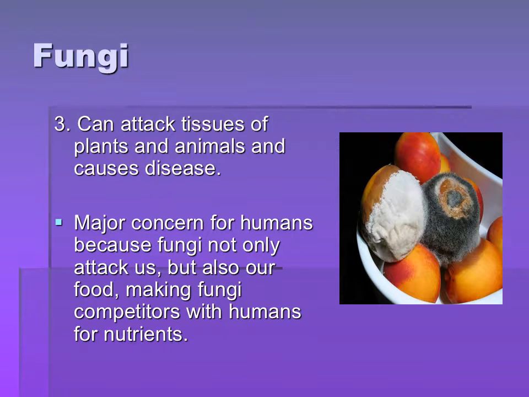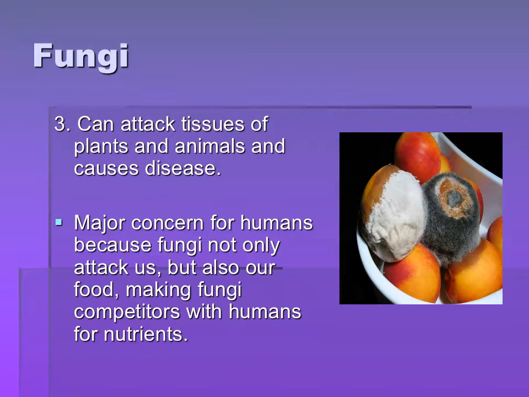Fungus is not super good for humans because it can attack tissues of plants and animals and can cause certain diseases. A major concern for humans is that fungus not only can attack us, but also our food, making fungi actually a competitor with humans for nutrients.